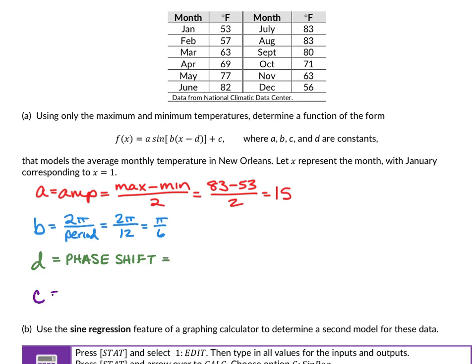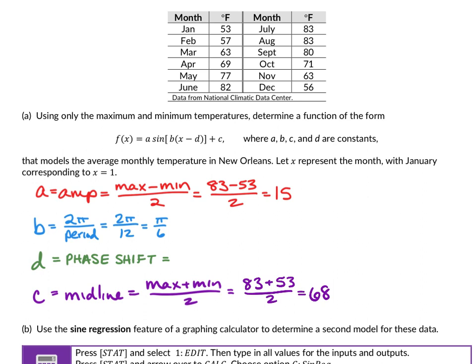Now it would be helpful to have that midline, so that's the c value here, the number that we've added or subtracted onto the end or the beginning, and midline we had a formula that it was the max plus the min divided by 2, the average of the max and min, which would mean we're doing 83 plus 53 divided by 2, which is equal to 68. Now to determine our phase shift, we need to figure out which month we are closest to 68.